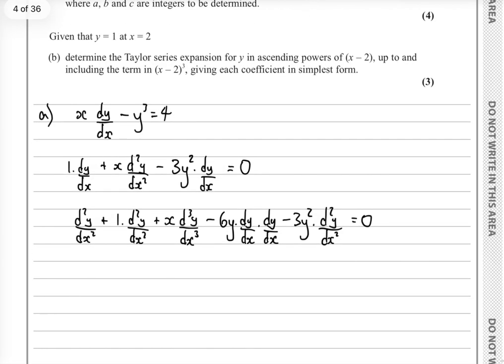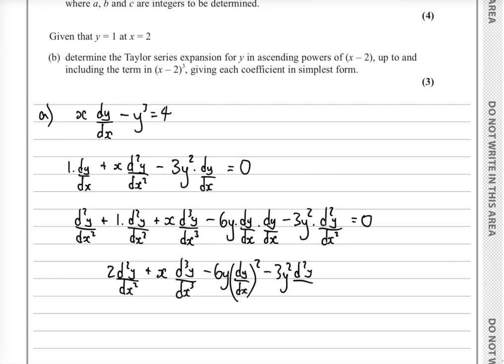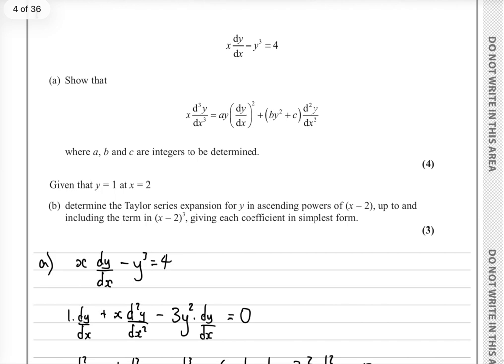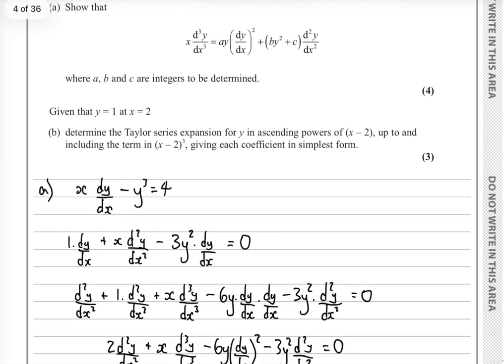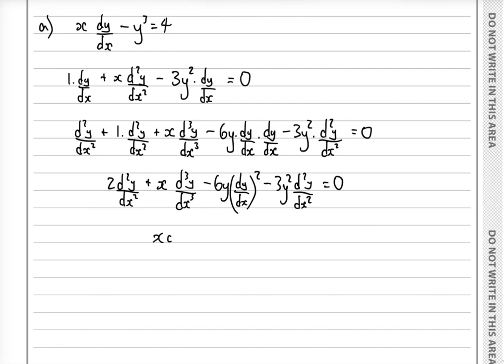Now I can tidy this up a little bit. There are 2 of these now. And we still have x times the third derivative. I'm going to write this as dy by dx all squared, 3y squared, and the second derivative again coming in here. Now how do they want it to look? We want x and the third derivative by itself and everything else on the right hand side. We can do that.